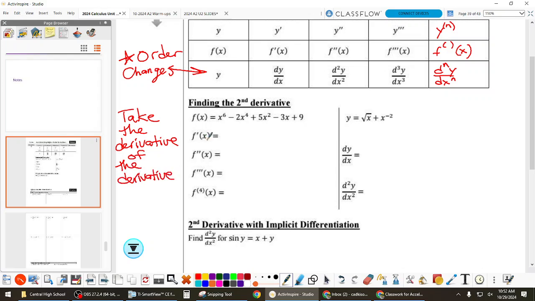What would be f prime of this? Then we just take the derivative of that and take the derivative of that. So why don't you run through that, just a good little review of the power rule.